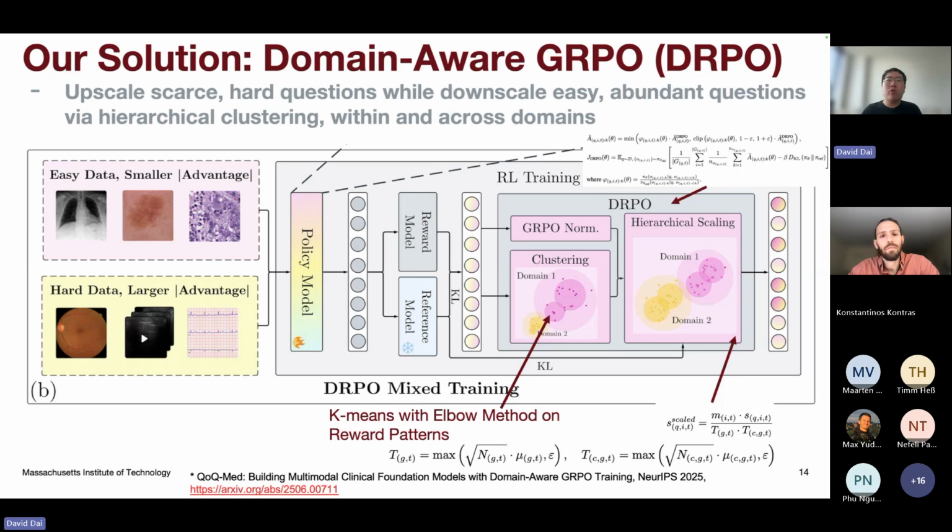So besides the mean reward, we also have a frequency reward, where we upsample the samples from clusters that are smaller. Essentially, in the later stage of training, the samples with high variance in reward will get upscaled as well. So that's another stage of upscaling, which allows the model to focus more on the more valuable samples.